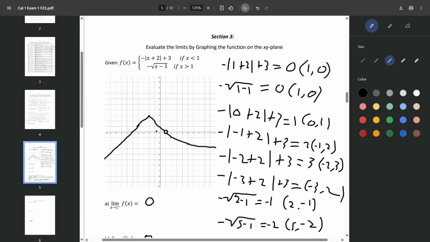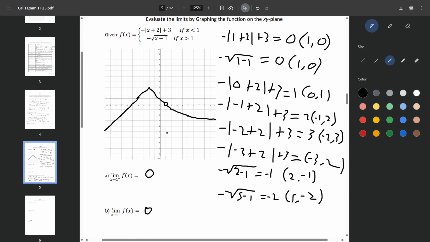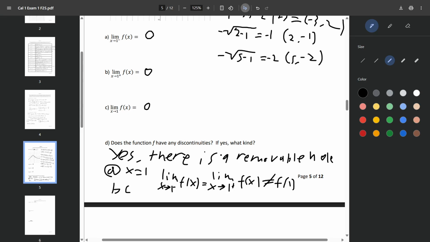Our function does have a limit at x approaching 1, but because our function is not defined at 1, our function is not continuous.